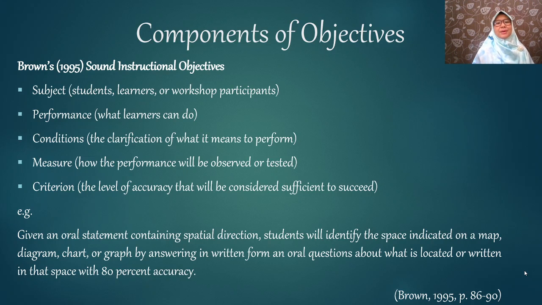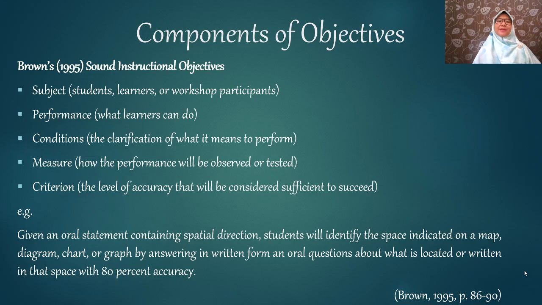This is also an example of an objective developed based on Brown's model. Given an oral statement containing spatial direction, students will identify the space indicated on a map, diagram, chart, or graph by answering in written form and oral questions about what is located or written in that space with 80% accuracy.